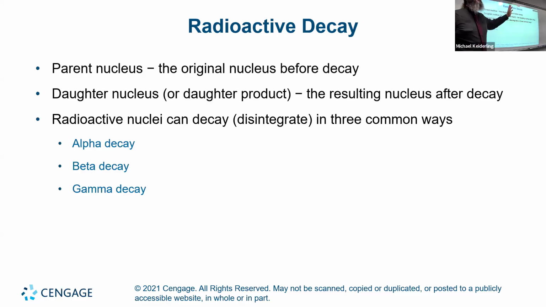If it's an electron, it's an anti-neutrino. If it's a positron, it's not an anti-neutrino, if I remember correctly. And then gamma decay involves the emission of a gamma ray. That is, the nucleus is over-energized and unstable, and it spits out some light to settle down.